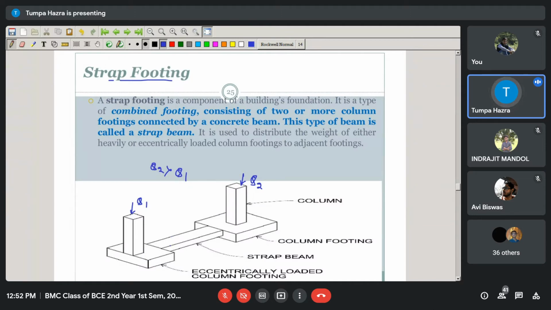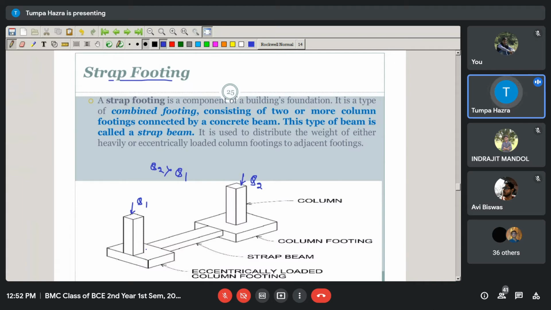So in this case, without constructing a combined footing, two isolated footings are constructed.